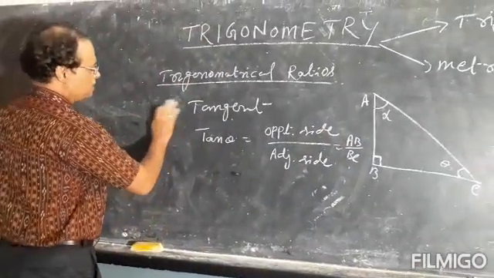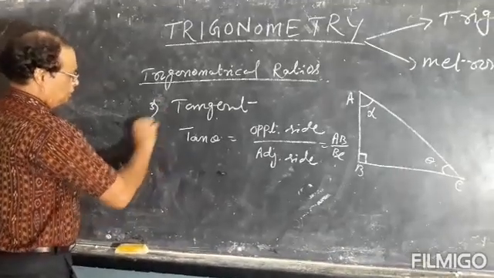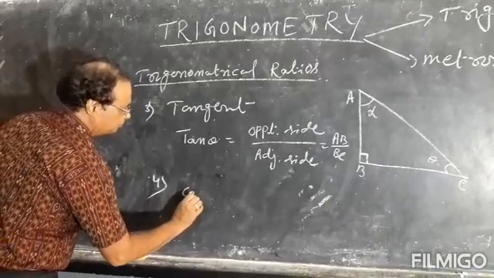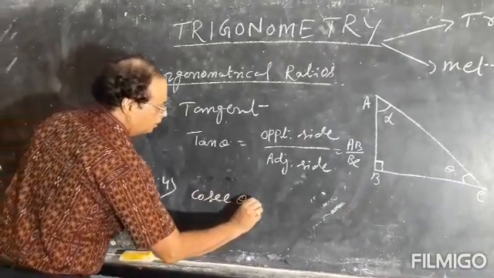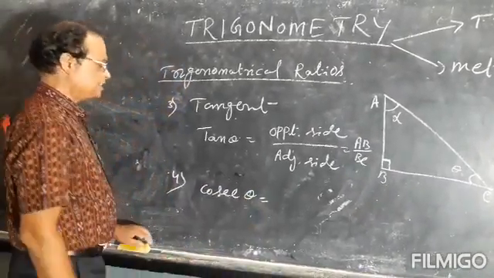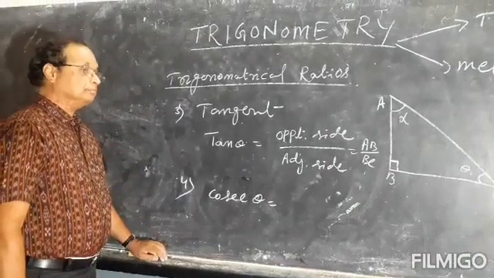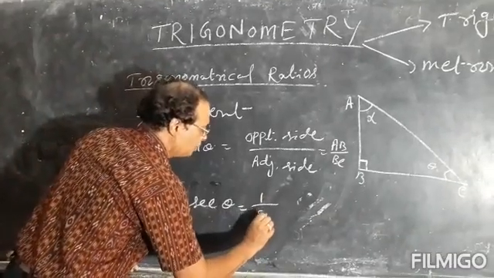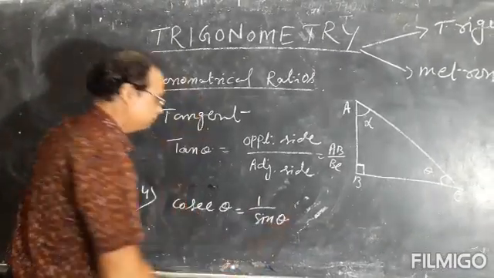Now the fourth one is cosec theta. Cosec theta is the reciprocal of sin theta.